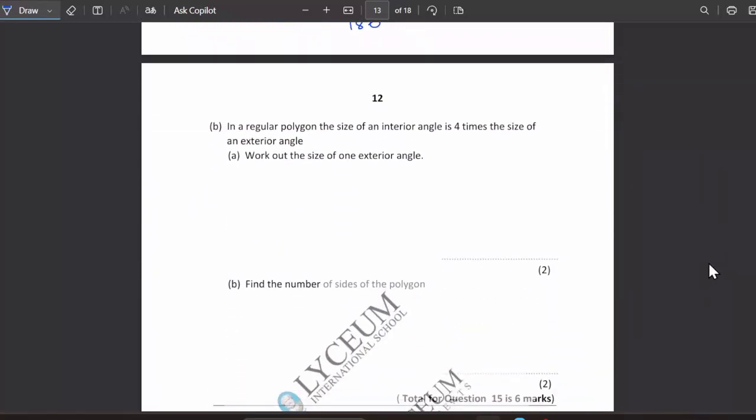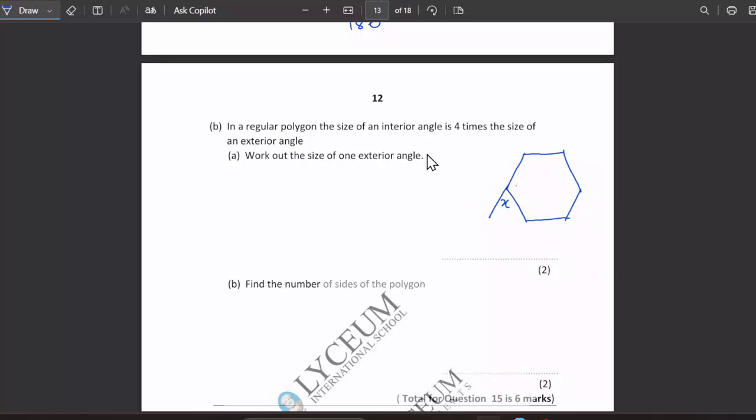Okay. So in the B part, in a regular polygon, the size of an interior angle is 4 times the size of an exterior angle. So let's take x as the exterior angle.